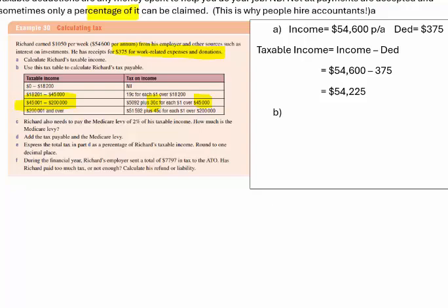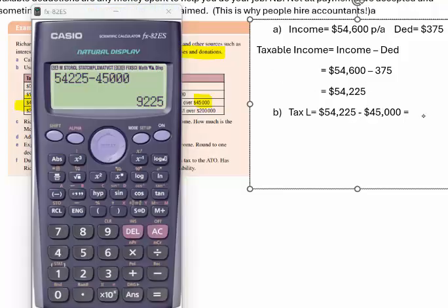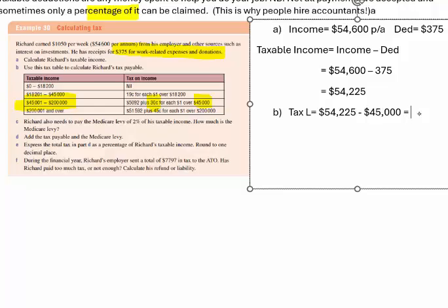So we'll do the same calculations as we did for the previous video. He's earning $54,225. We have to find the difference to find out how much is in that bucket. So $45,000, what's the difference? You'll see that's $9,225. We have to multiply it by the 30 cents, 0.3, and we'll put that in the calculator.